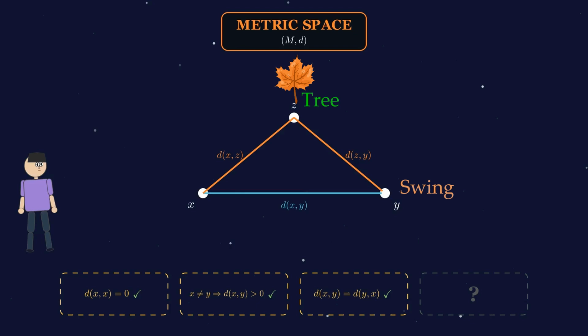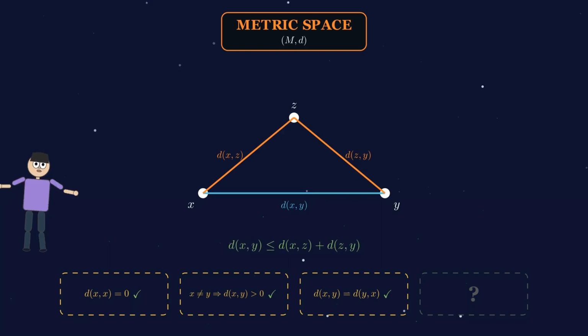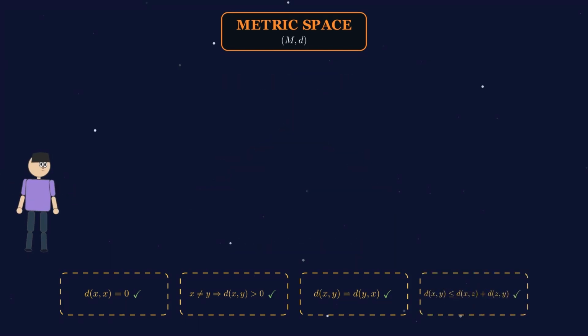A shortcut is never longer than a detour. In symbols, d of x to y is at most d of x to z plus d of z to y. We call it the triangle inequality. And break it? Then a detour could somehow come out shorter than the straight line, and the word distance would mean nothing at all. 4 promises.